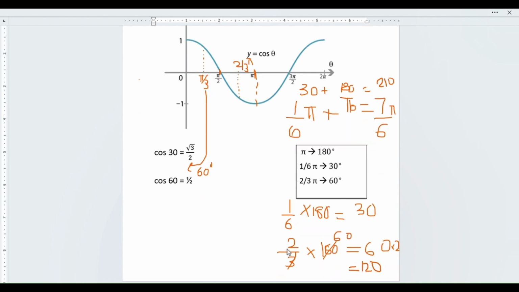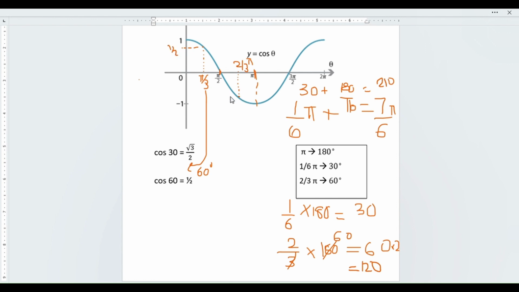Now let me see where 2 over 3 pi lies. If I take the distance from 90 degrees, 30 degrees before lies 60 and 30 degrees after lies 120. So this is going to be cos 60, this is going to be cos 120. And since the cos graph is kind of symmetrical, I can see that the value over here is going to be 1 over 2.